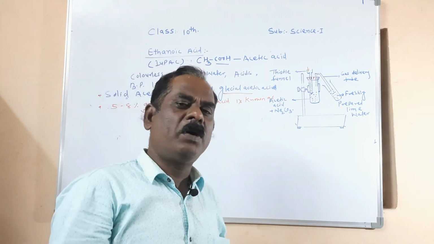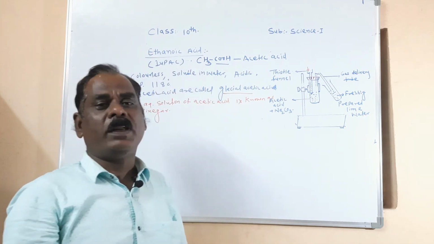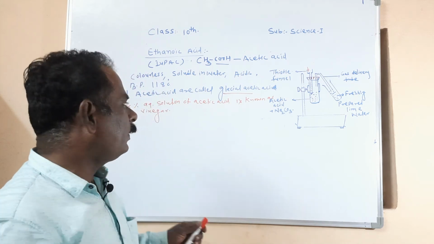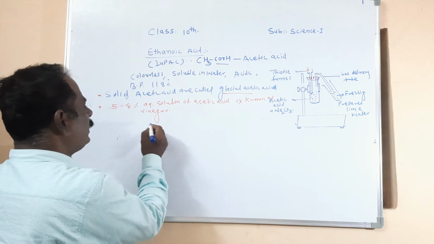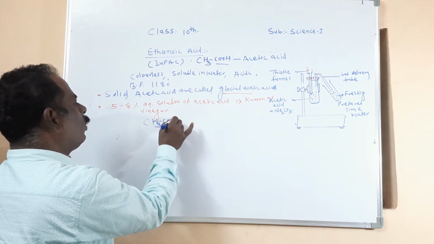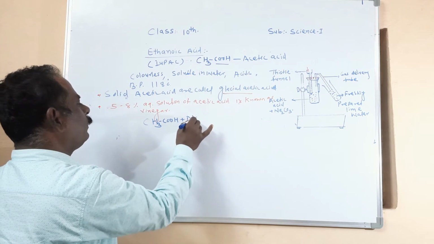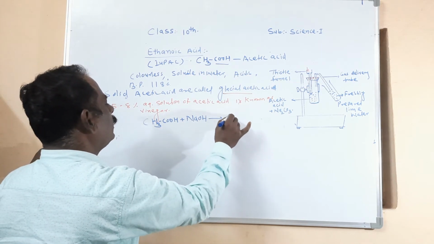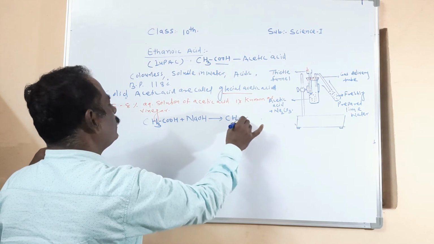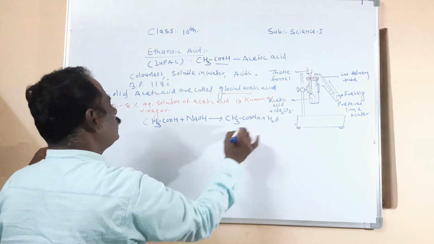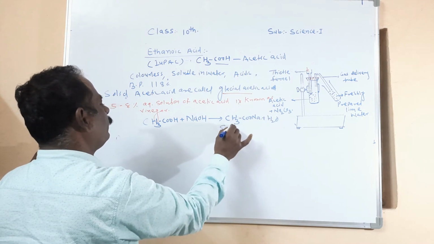This is the physical property. Next, chemical property. You know that acetic acid is acidic in nature. Therefore, when acetic acid reacts with a strong base like NaOH, it forms CH3COONa plus H2O, sodium acetate.